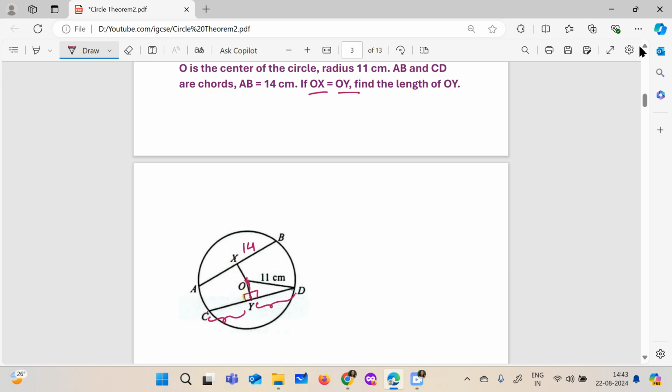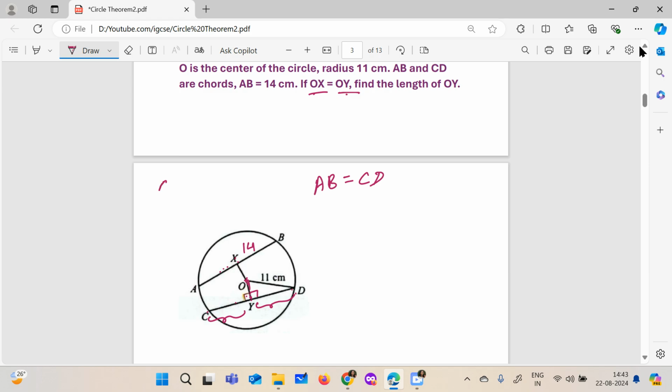Okay, and then also it says that OX equals OY, which means the chords are at the same distance, means chords are equidistant, correct? So when the chords are equidistant, then the lengths of the chords are equal, right?